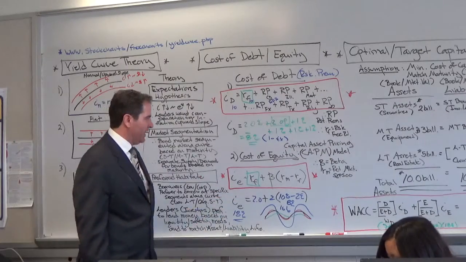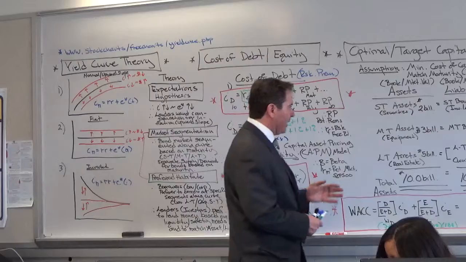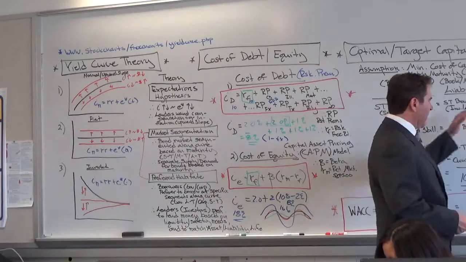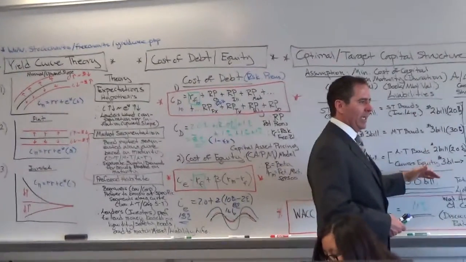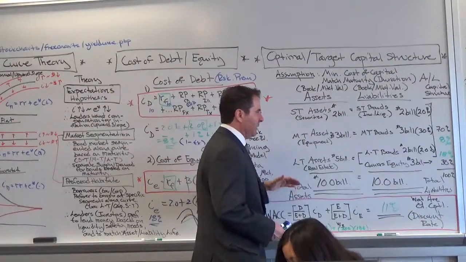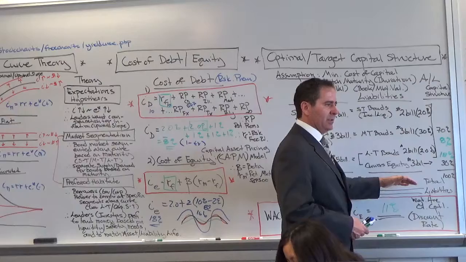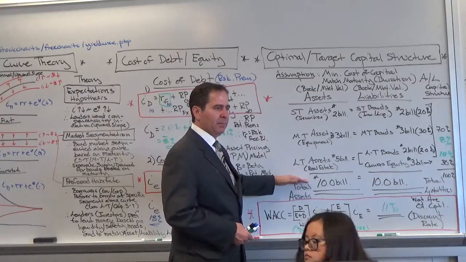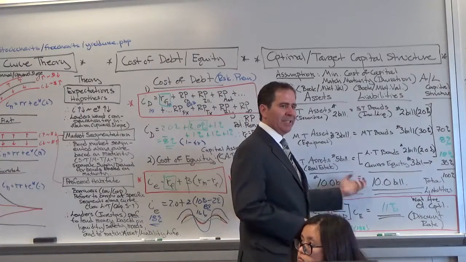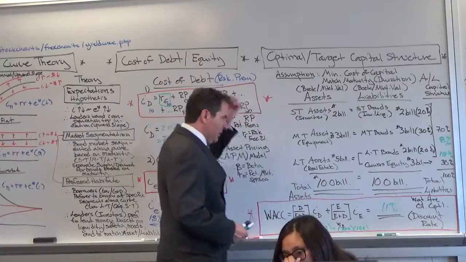So now that I have the cost of debt and equity, I can go to our balance sheet and look at the capital structure. And the capital structure is how we are financing our assets using liabilities. So we are a $10 billion firm. Obviously, assets have to equal liabilities.